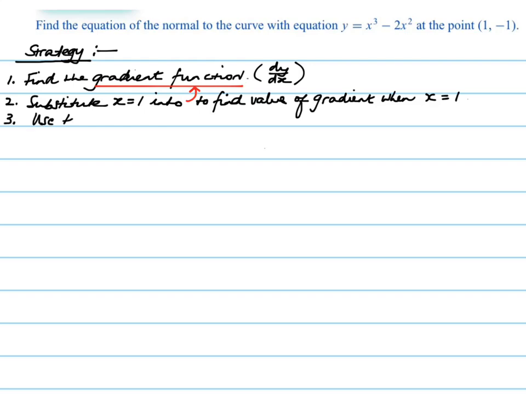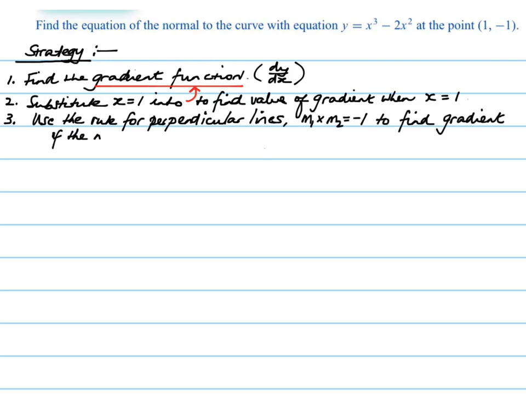However, this time we're going to use the rule for perpendicular lines, which is m1 times m2 is negative 1, to find the gradient of the normal when x is 1. Now, m1 is the symbol for the gradient of line 1, m2 is the symbol for the gradient of line 2 being a perpendicular line to line 1, okay?